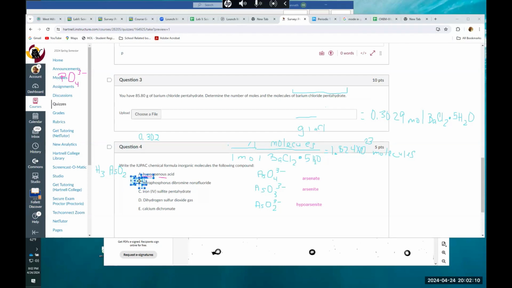So what are we going to do for B? They all just need to be numbered. So tetra means what? 4. So our phosphorus has 4, so we're going to go P subscript 4.